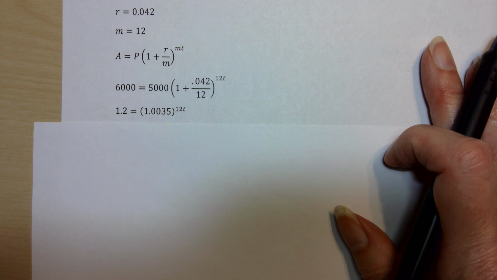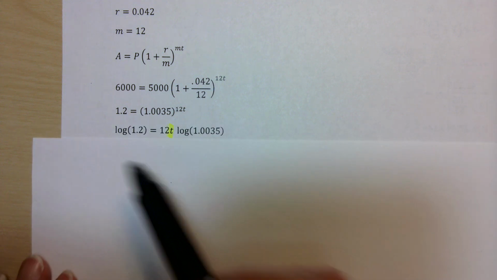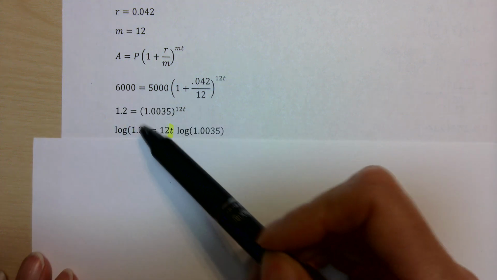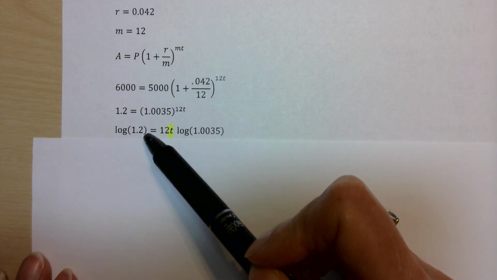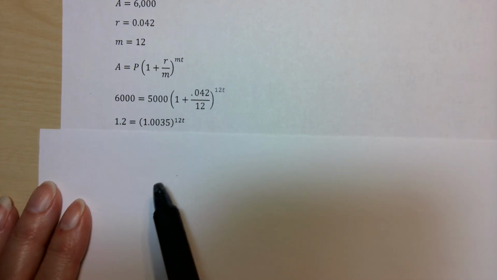What you need to do is you need to take the log of both sides of your equation. That's what we need to do. So we need to take the log on the left-hand side. When you take the log of 1.2, it becomes log of 1.2. That's not very creative. When you take the log of the right-hand side, here's what happens.